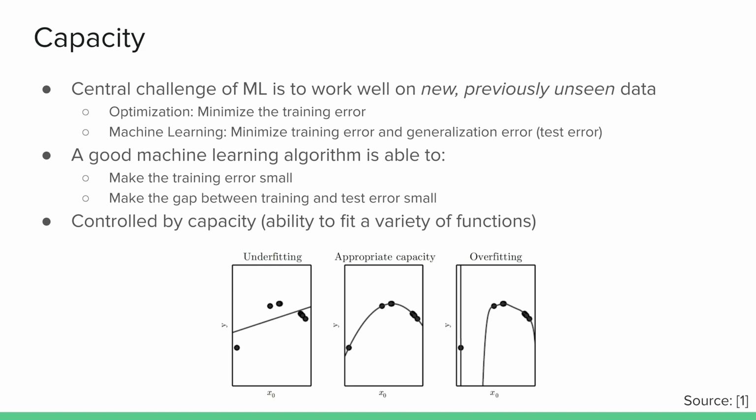If we have an arbitrarily complex function that we could potentially fit, then it will perfectly fit the training data, but will not be likely to correspond to the actual underlying function. So it will overfit on the training set and then perform poorly on the test set. Somewhere in between, there is the appropriate capacity that we're actually striving for.